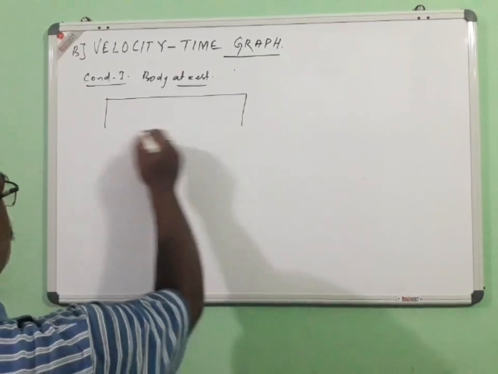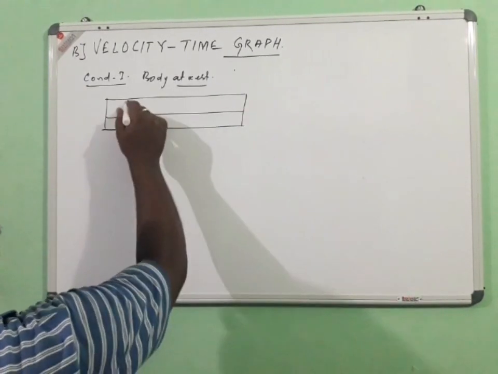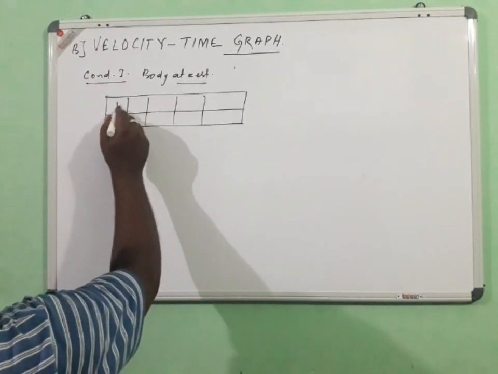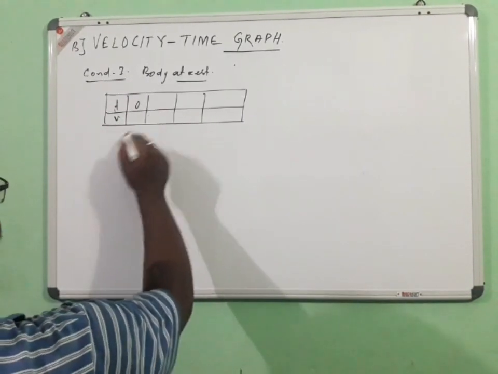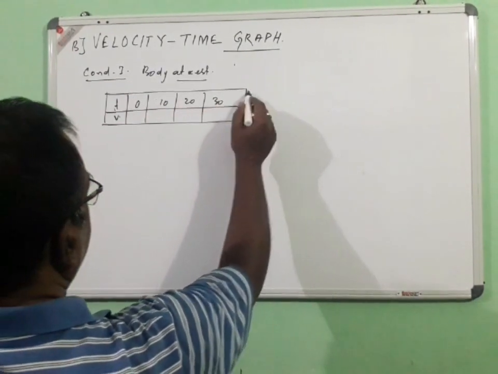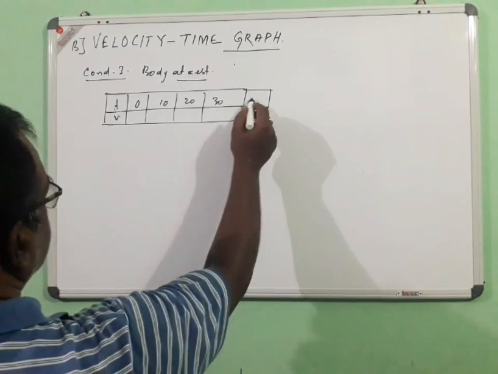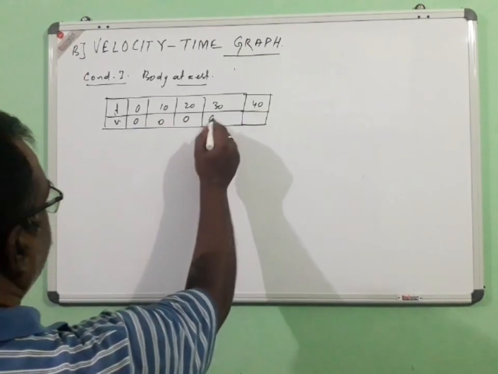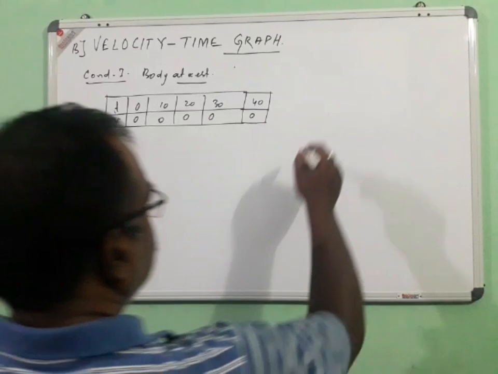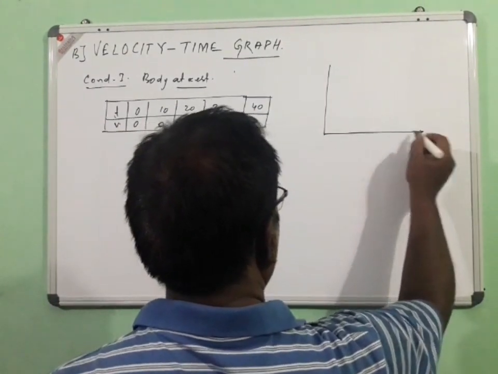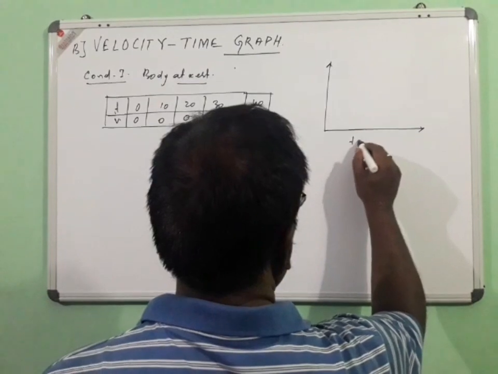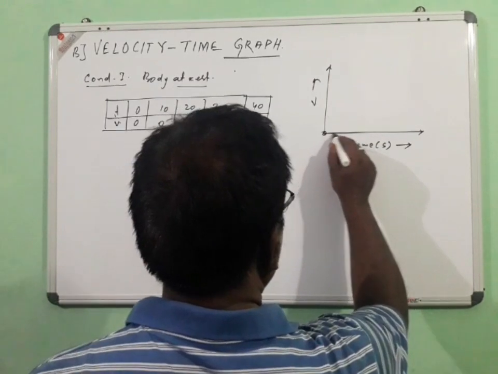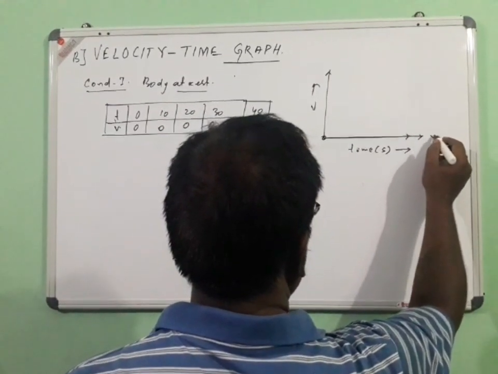Take an example: suppose 0 second, 10 second, 20 second, 30 second, 40 second, and so on. We see that the velocity at any instant is 0, meaning the body is at rest. In such cases we get a graph lying exactly on the x-axis, the time axis.